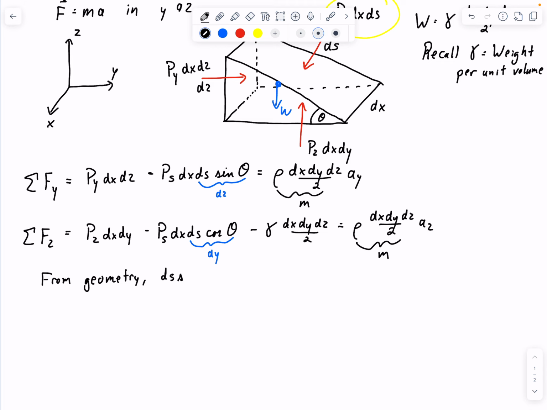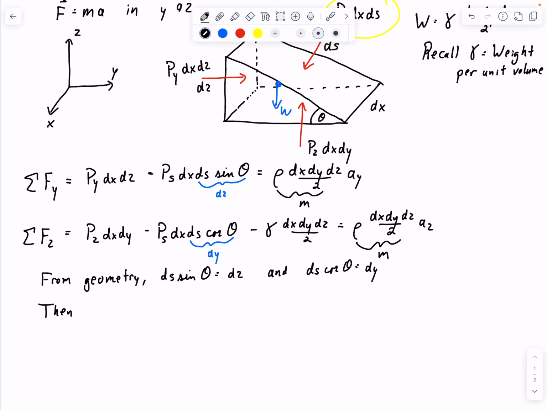ds sine of theta is equal to dz, and ds cosine of theta is equal to dy. So that'll come in handy when we write these next few lines. So actually when we substitute that in, we can cancel out quite a lot of things. And so when we do that, we're going to be able to cancel out our dx and dz, for example, from the first line.